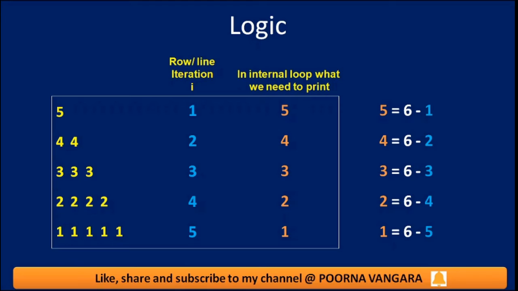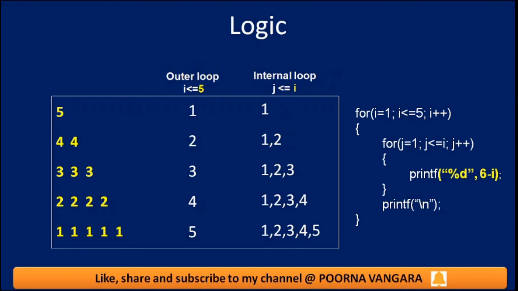So here the particular pattern has 5 lines, so I use 6. If the pattern has n number of lines, then it would be n plus 1. So now the generalized logic equation for that question mark, I mean for that character, is 6 minus I. This 6 minus I is replaced in the percentage d.